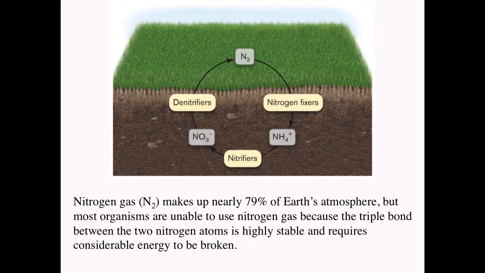Typically when you fertilize your gardens at home, if you're fertilizing them with nitrogen, you're going to add nitrates. More commercial agriculturalists, farmers, tend to put ammonia in because ammonia will stay around longer.